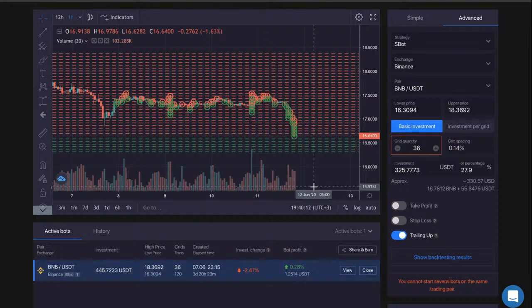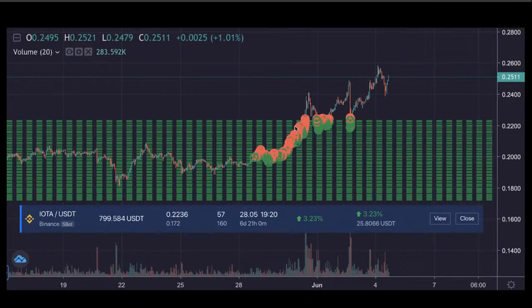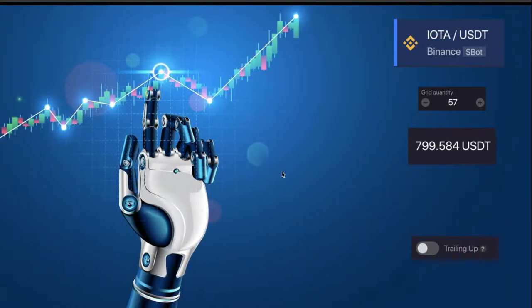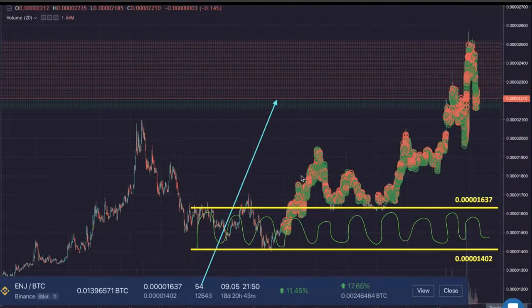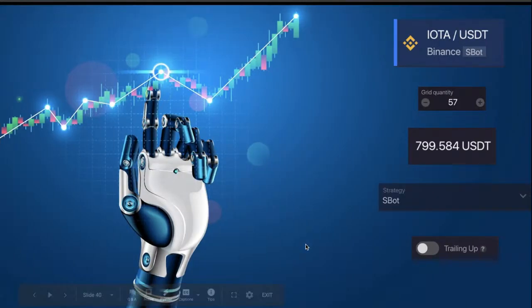So if you want your bot to follow the price, don't forget to switch on the trading up function, because otherwise you will get stuck like me in this example. What you are looking for is this performance, which gives you that amount of added value and which results in profit maximization.